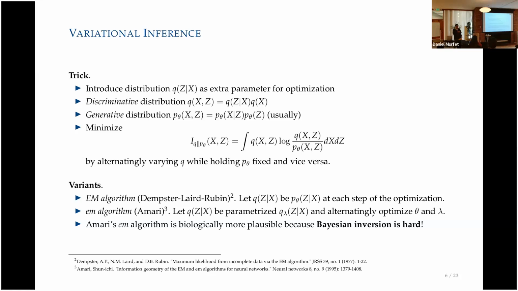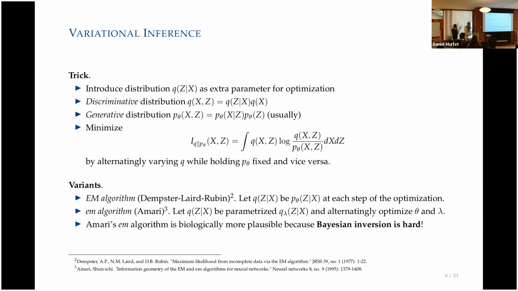Now, because we have a hidden variable z, the usual trick is to use tools known as variational inference. The trick is to introduce a distribution q of z given x as an extra parameter for optimization, so you expand the scope of your optimization. Given that distribution q of z given x, you then have what I call the discriminative distribution q of x and z, which is the product of the discriminator with q of x.